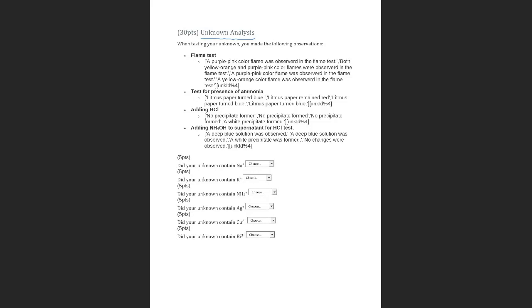Then it's going to ask, what do you think you have? A purple pink color was observed in the flame test, or a yellow color flame was observed. So then you will say if you have potassium or if you have sodium, and then test for presence of ammonia.